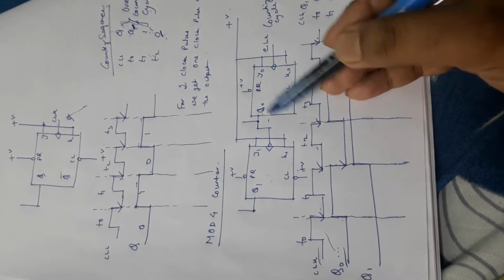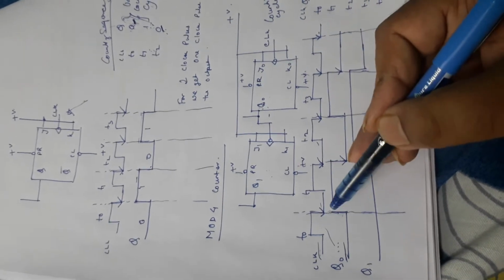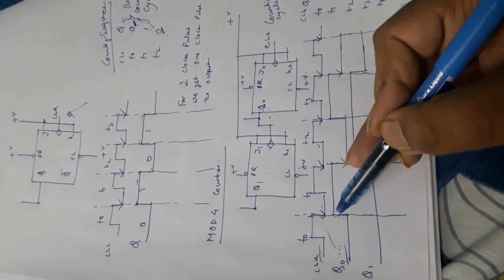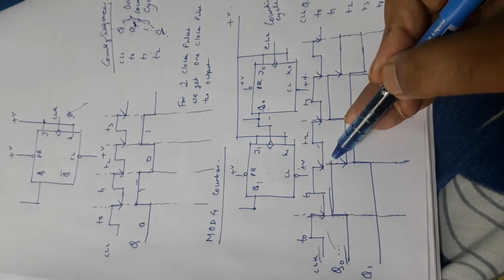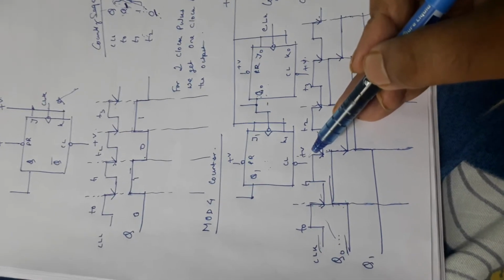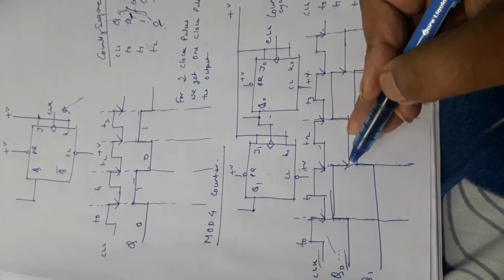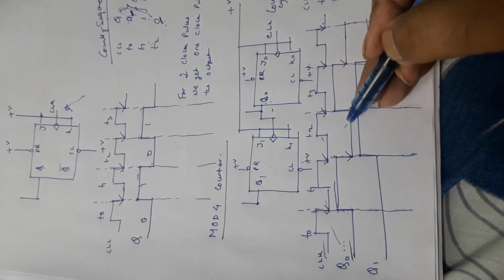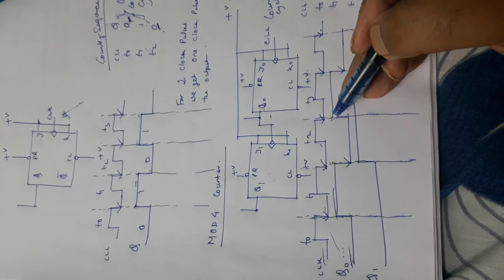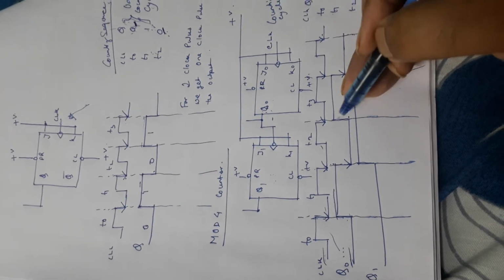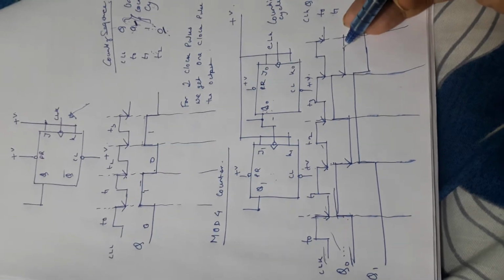It is a T-type flip-flop, so it is going to toggle at the negative edge. It remains high, and whenever the next negative edge comes, it becomes low. Again it becomes high, and again low, and in this way it goes on.